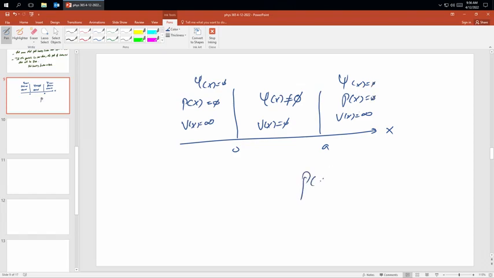Now, where your probability of x is going to equal psi x star times psi of x. So your basic condition is your psi of x is not going to equal to 0, where x is between 0 to a.